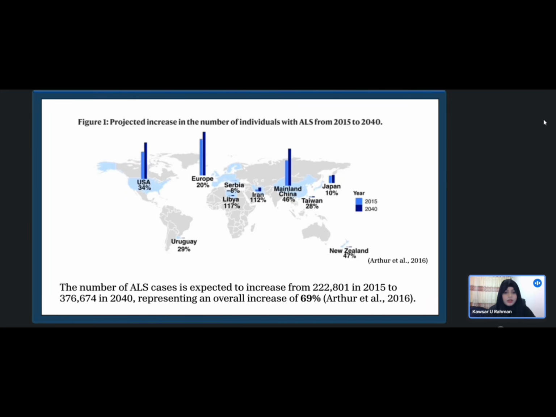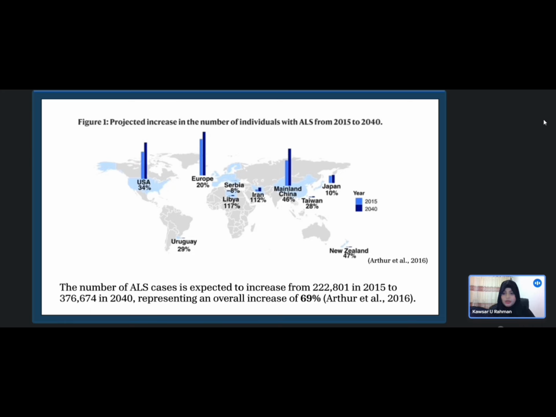If we look at this figure, we can see an increase in cases of ALS around the world, which is predominantly due to the aging population, especially among developing countries. According to research, the cases will increase from 222,801 in 2015 to 376,674 in 2040, representing an overall increase of 69%.